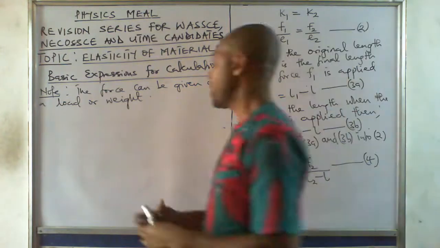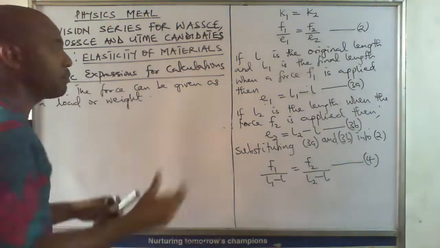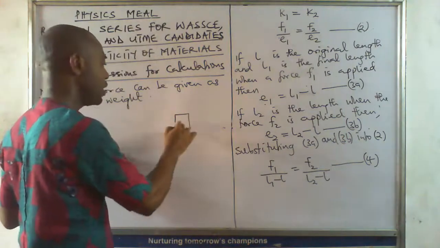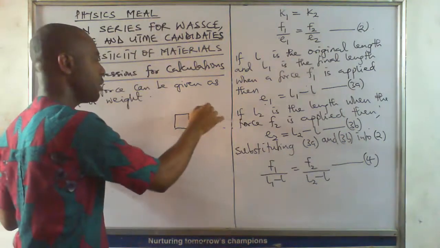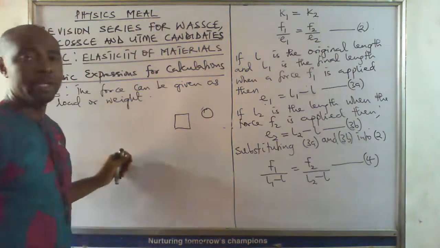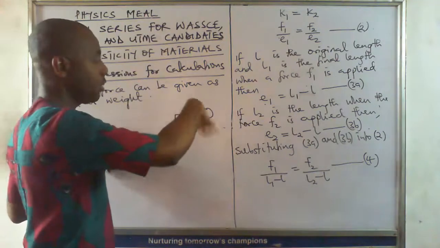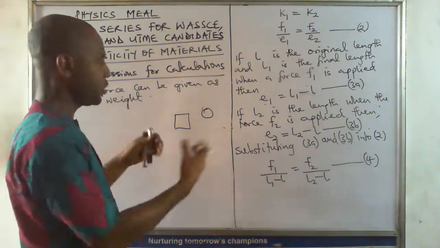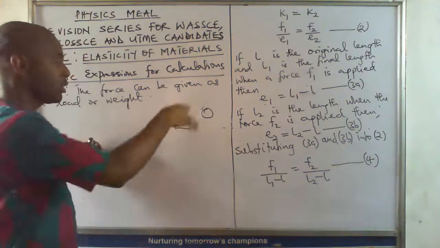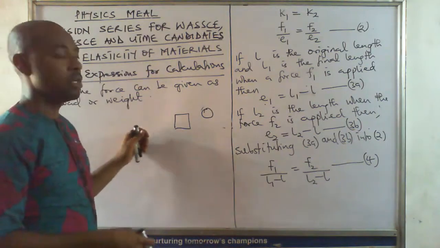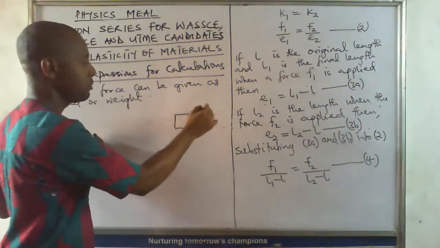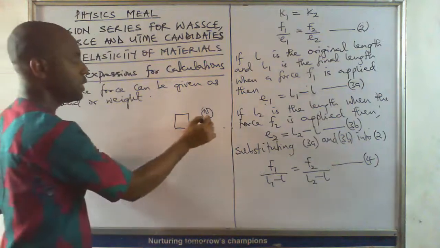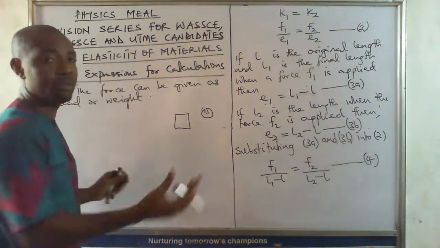So if I use a weight, slotted masses that you use in your physics lab, you have a weight. Some of them are usually circular or cylindrical in nature. They are thick, so we're going to use the word cylindrical, although they have some opening for you to slot them. So if we use this, we'll be talking about weights now.